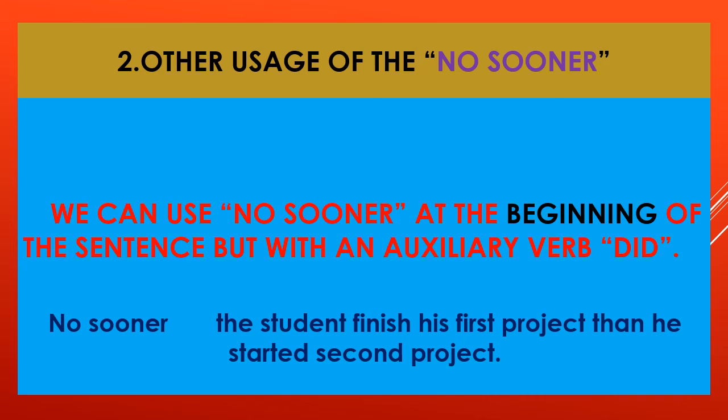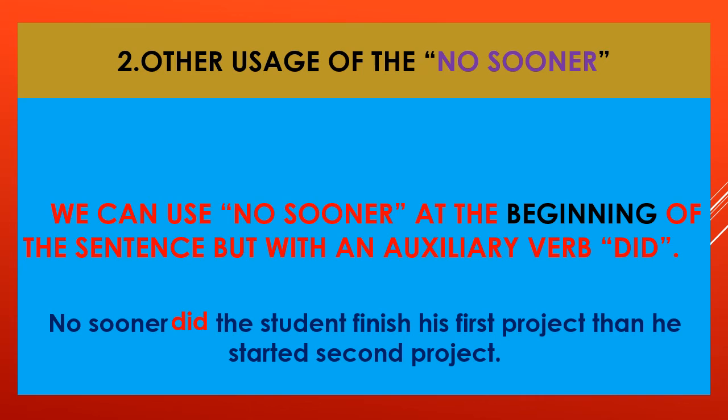In the earlier example, first example, we have used the auxiliary verb had, but here we are using the auxiliary verb did. See how can no sooner did the student finish his first project than he started second project. Here see, in the place of had, we have used did.